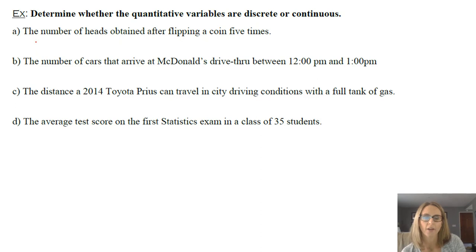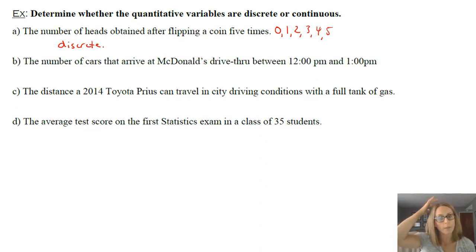Right, so for A, the number of heads obtained after flipping a coin 5 times. So you flip a coin 5 times, you could get 0 heads, 1 head, 2 heads, 3 heads, 4 heads, or 5 heads. But notice that is countable. That is a finite number of values there. So because of that, this is discrete.